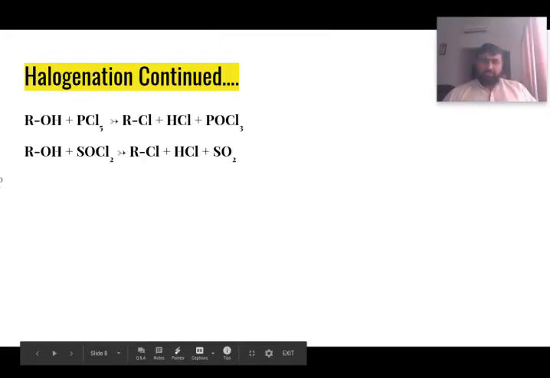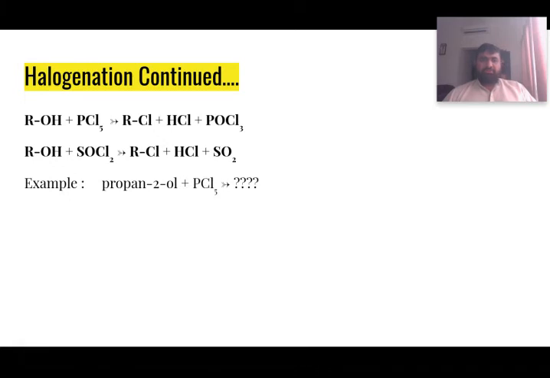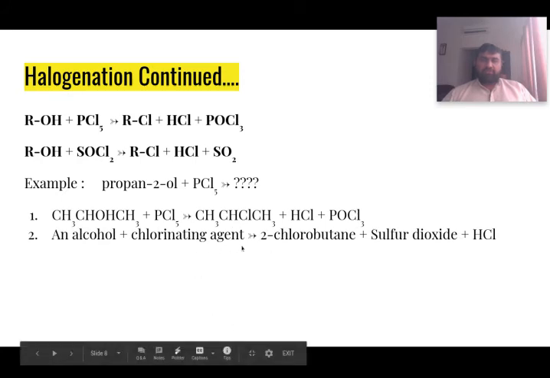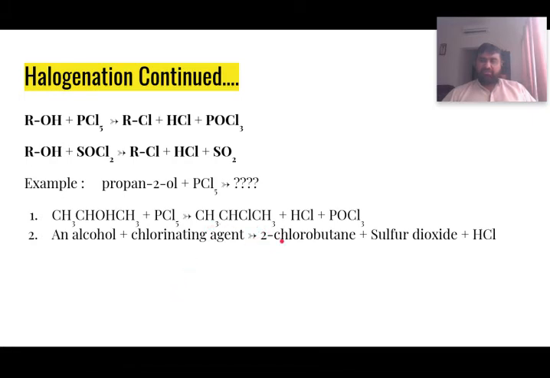Okay, these are the two general forms. We have given some examples here, and also an alcohol with a chlorinating agent giving 2-chlorobutane. The chlorinating agent will replace alcohol with chlorine. So the alcohol should be 2-butanol, because there must be OH on the second carbon atom, because chlorinating always replaces OH with Cl.